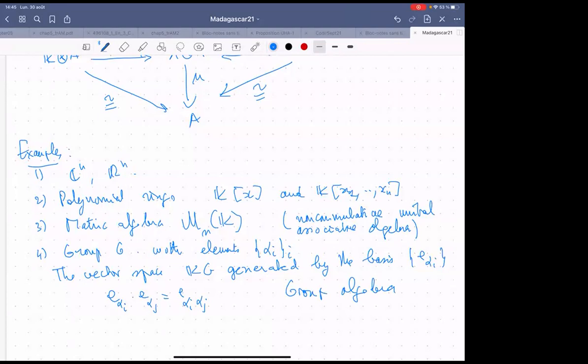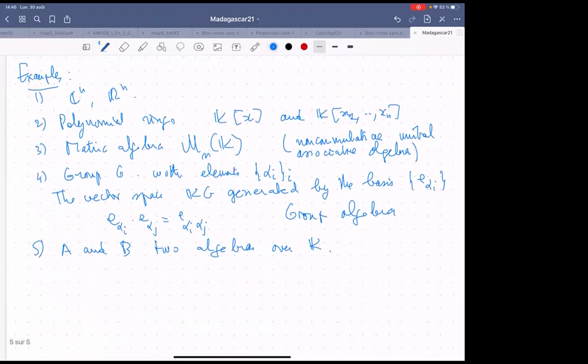You can also construct, if you have two algebras A and B over K, the tensor product.